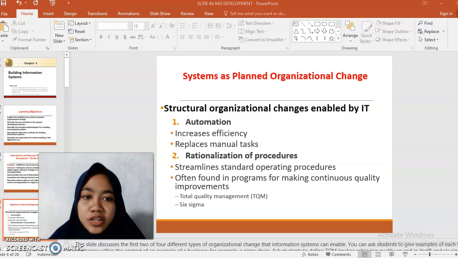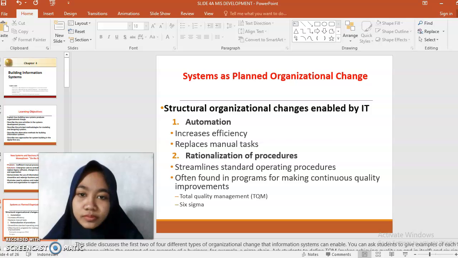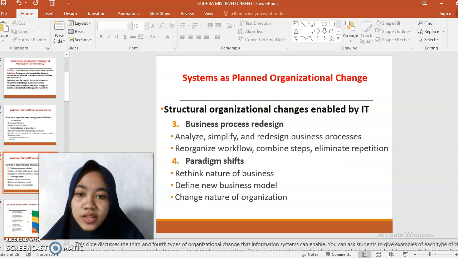System as planned organizational change. Structural organizational change enabled by IT. 1. Automation increases efficiency and replaces manual tasks. 2. Rationalization of procedures streamlines standard operating procedures, often found in programs for continuous quality improvement, such as total quality management or TQM and Six Sigma. 3.